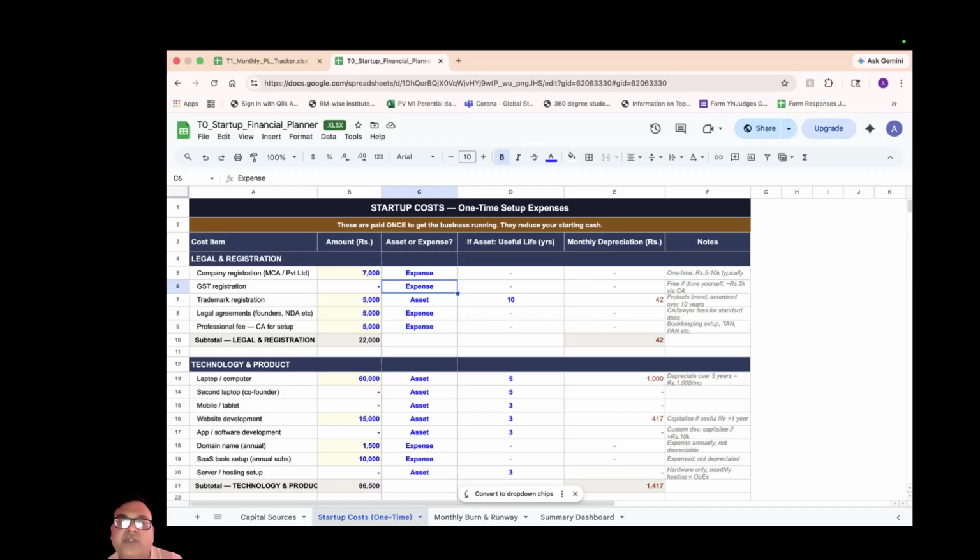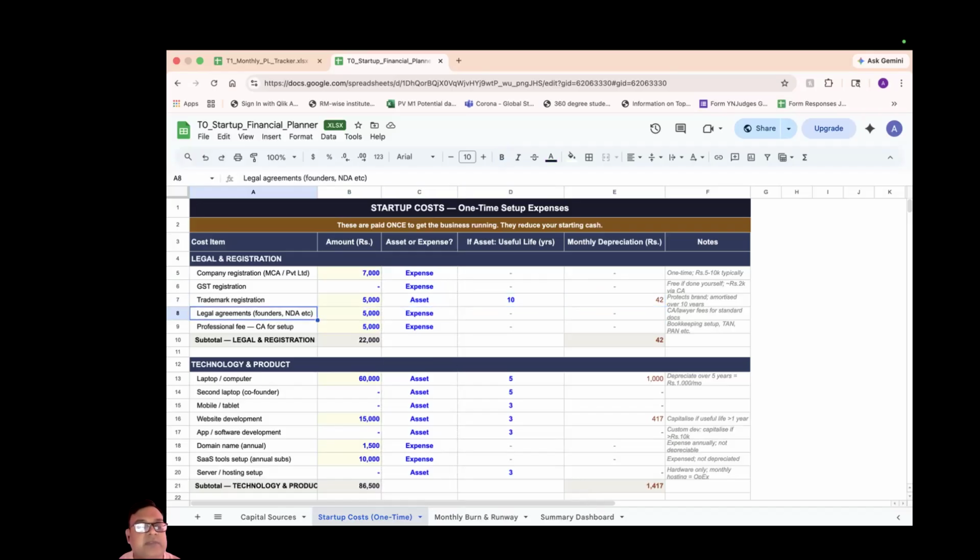So why do we need to do that? It protects your brand, and this is an asset because you can amortize this, and the useful lifetime is 10 years. Okay, very simple. So 5,000 divided by 10 is 500. And if you have to do it monthly because you're going to put it in your PNL, it will be 41.6 rupees, something like that.